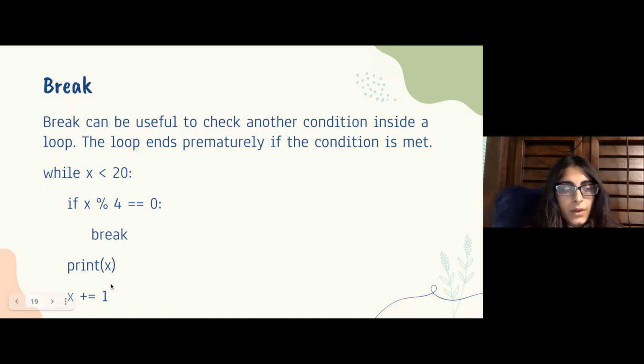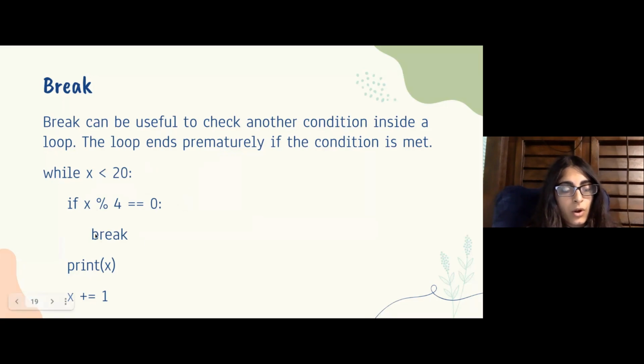So I go from 0, I print 0, I add 1, 1, this isn't true, 1, 2, we go through here, 2 is less than 20, 2 mod 4 is not 0, so this doesn't run. It's going to print out 2, 3, 3 is less than 20, 3 is not divisible by 4, 3, 4, it's finally on 4, 4 is less than 20, but 4 divided by 4, the remainder is going to be 0 because it goes in perfectly.